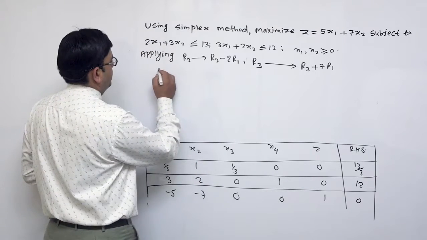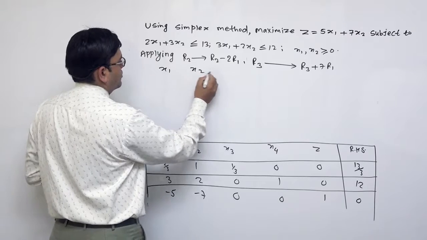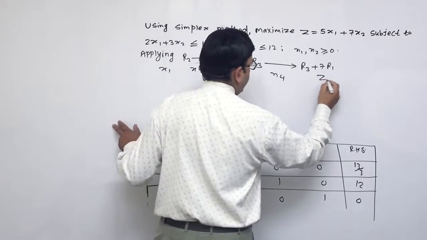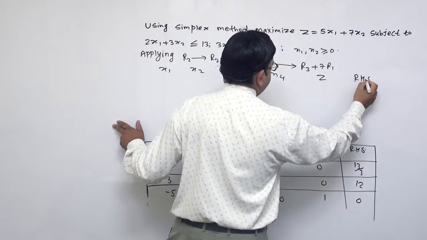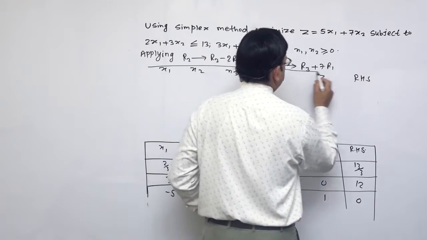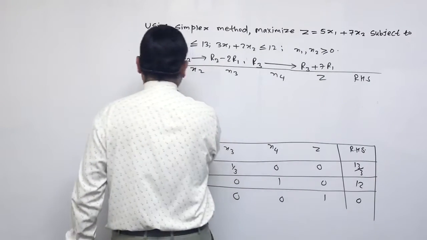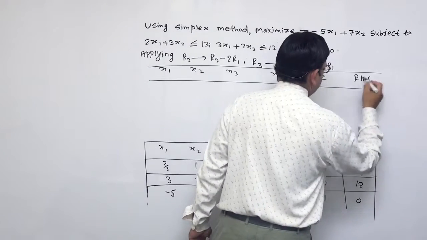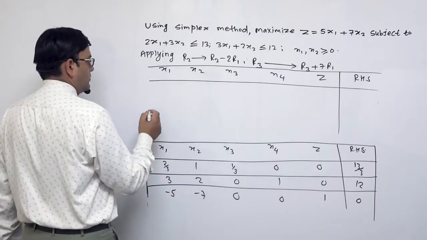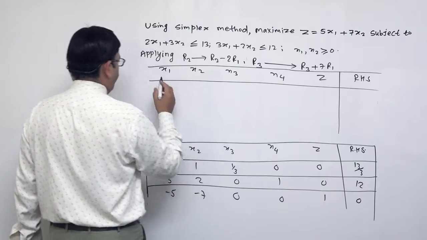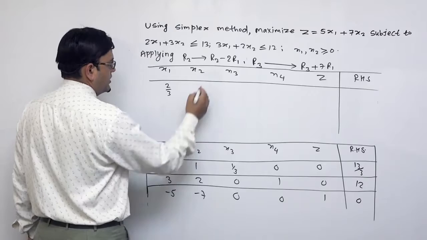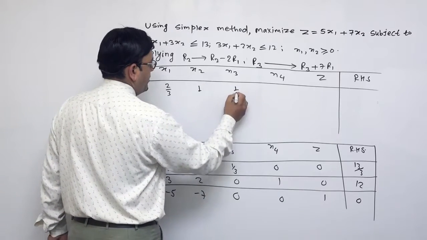अब हेरौं है, again we have to write x1 same x1 x2 x3 x4 z and RHS. We have x1 is, we have x1 2/3, and then this one is 1 and 1/3.